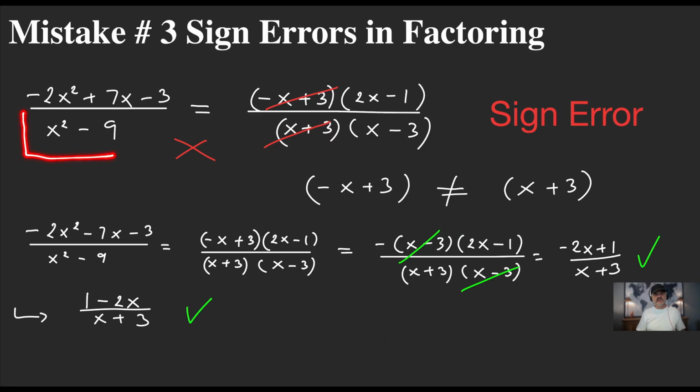What you can see is -2x squared plus 7x minus 3 on top, divided by x squared minus 9. So if you were to factor this, which most of you can at this point, you would be tempted to make a mistake because x plus 3 and negative x plus 3 seemingly look the same, but they are not.